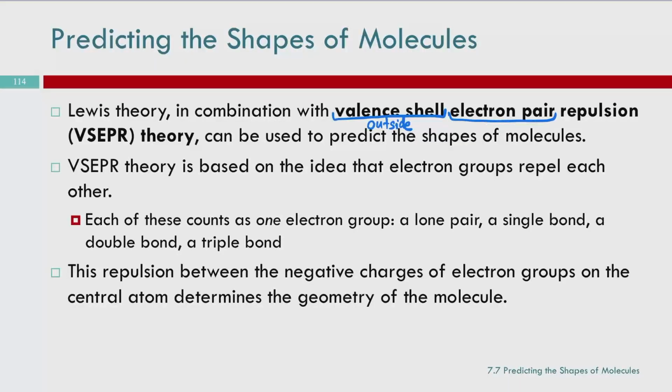A bond, lone pairs could also count. Groups of electrons. And what does repulsion mean? They're like pushed away from each other, right? Like repelling. Or pushing away, to use a different word.